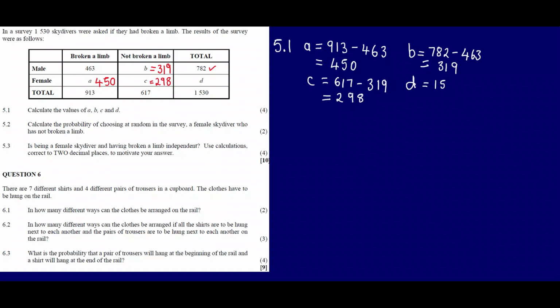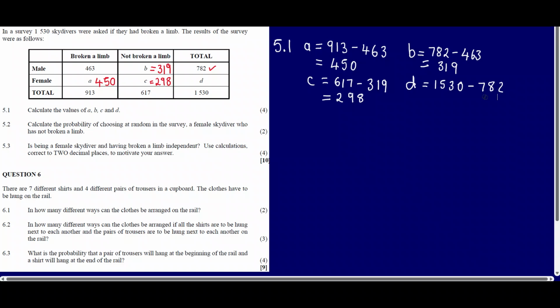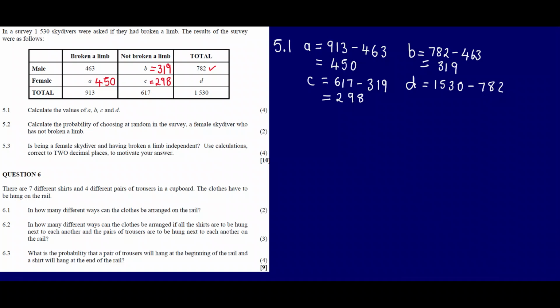The D value is going to be as easy as 1530 minus 782. Someone can also work this out by adding the A and the C to get D, and in terms of expectations, we should get the same answer.